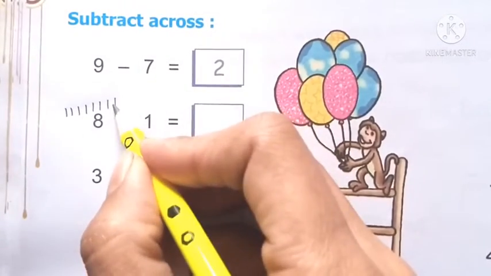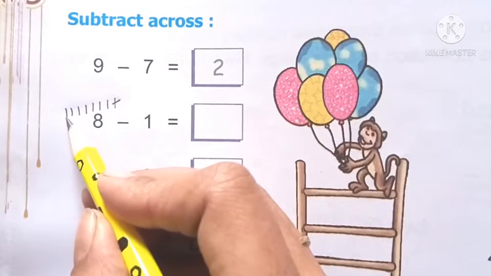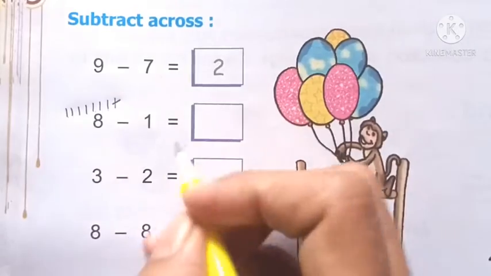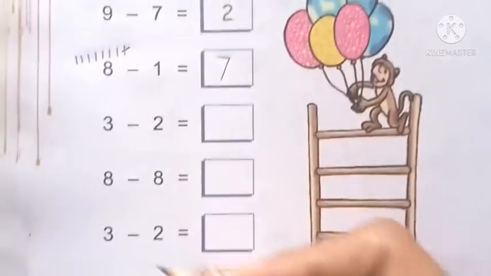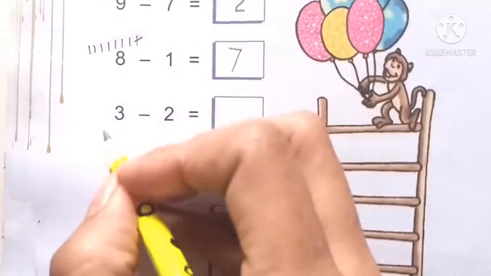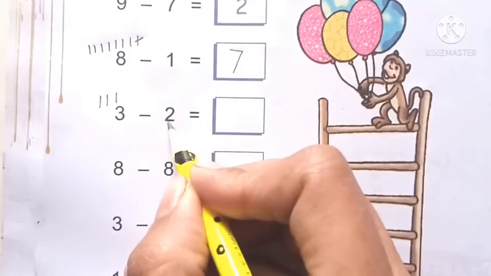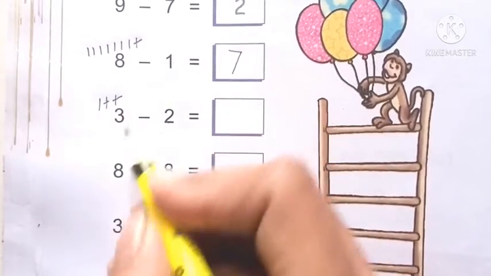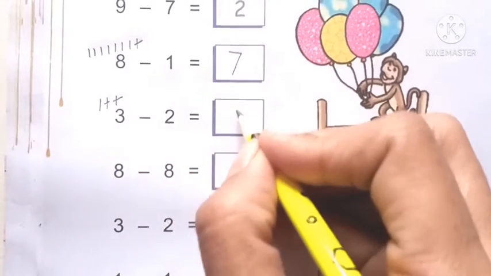Take away 1 line and count. 1, 2, 3, 4, 5, 6, 7. How many are left? 7. Like this, 3 lines we will draw, and we will take 2 lines from it. How many are left? 1 is left.